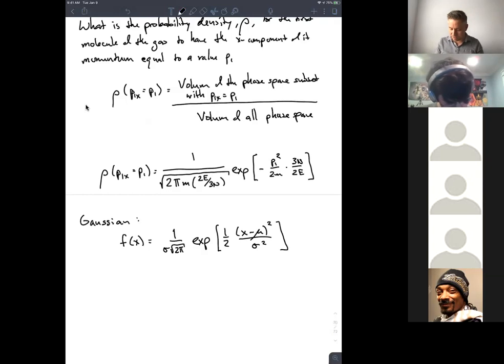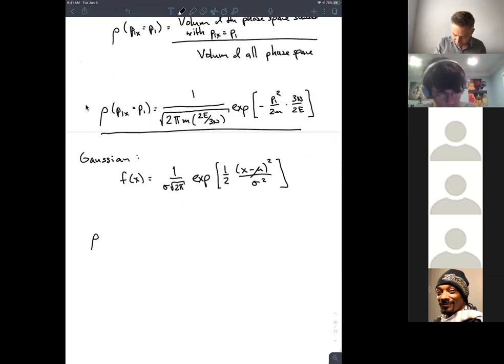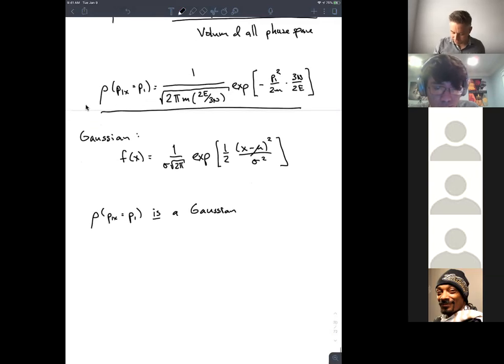Now if you compare our answer here to this general form of a Gaussian, you can see that what we have is a Gaussian. Our answer here, rho of P1x equals P1, is a Gaussian. Specifically, the mean of this thing is 0.